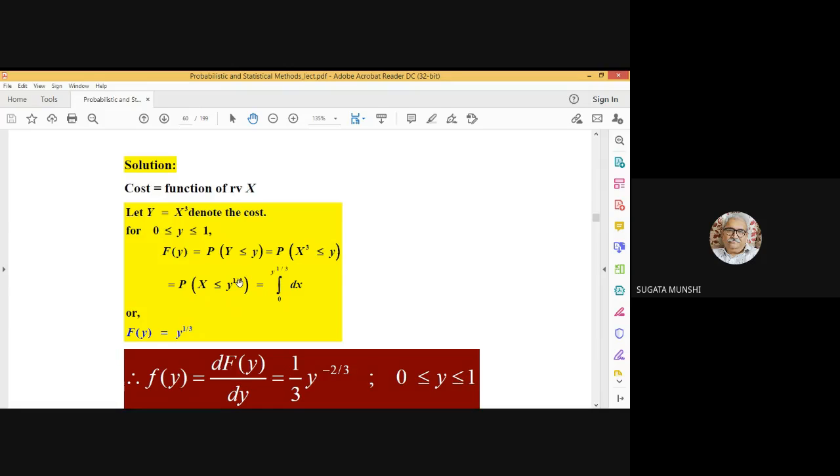So how will you obtain that? Integration over fx dx will give you this probability, from 0 to y to the power one third. And fx, we have considered that it's constant, so I have placed it as 1.